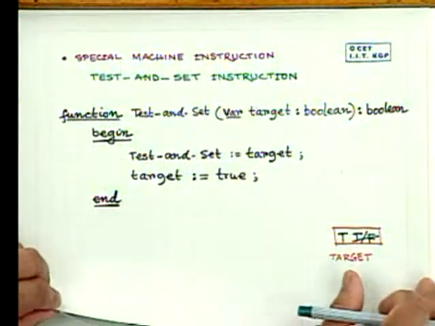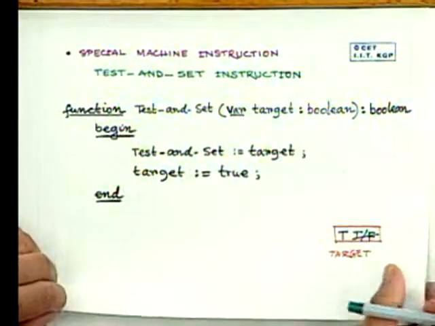That means the test and set is an instruction whose functional equivalence is given by this function, and it is executed as an atomic operation. In between, no other operations are permitted. Both these are done one after the other, without being interrupted.